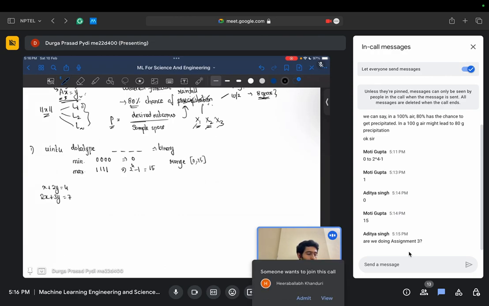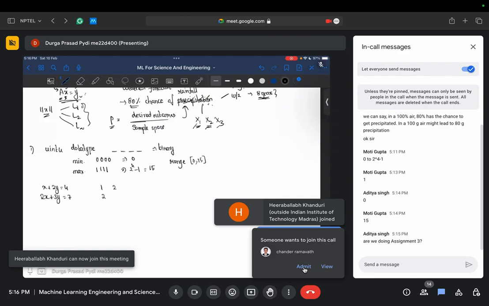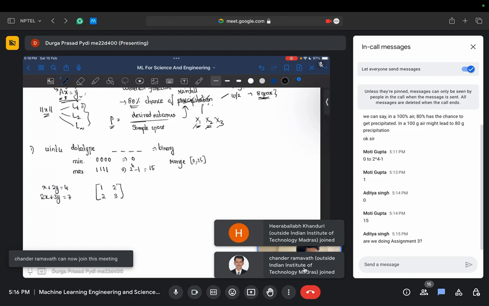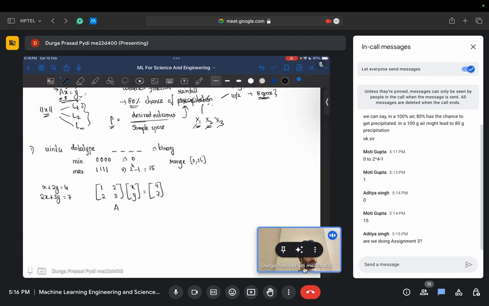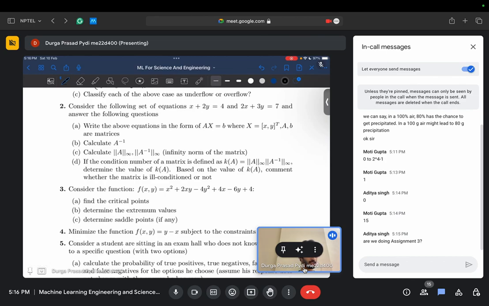If you want to write it in the matrix form, so this is my A, this is my X, and this is my B. So I have my matrices. This is straightforward. Now maybe I will do a little bit of calculation. Can you calculate A inverse for this?